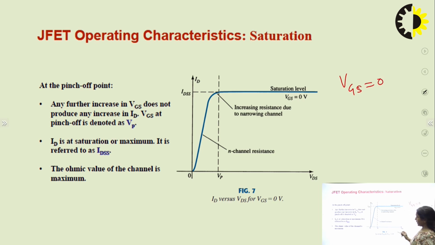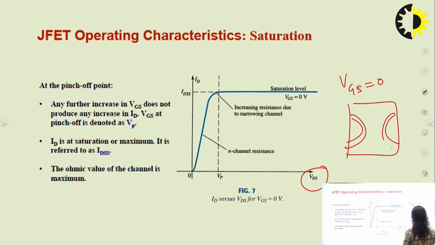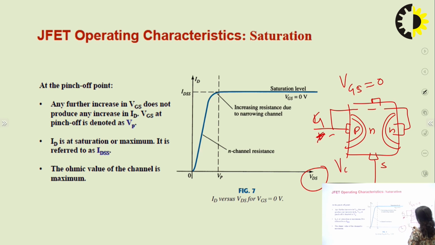So when VGS is 0 and we are increasing the VDS, there are two things happening. One is that the depletion region is increasing.